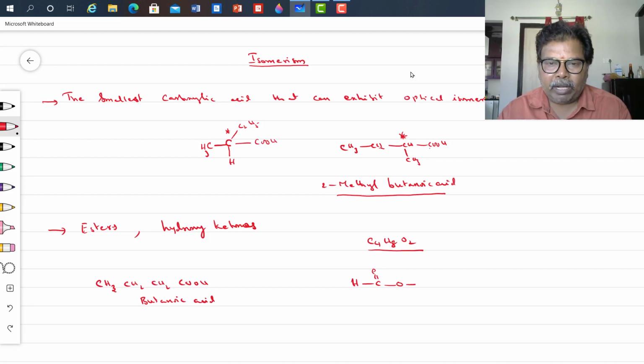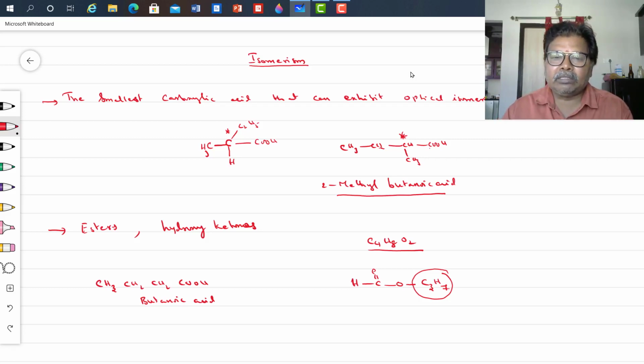So how many carbon atoms remain? 3 carbon atoms remain. How many hydrogen atoms remain? 7 hydrogen atoms remain. Right? So how many propyl groups do you have? We have 2 propyl groups. One is isopropyl and the second one is N-propyl.